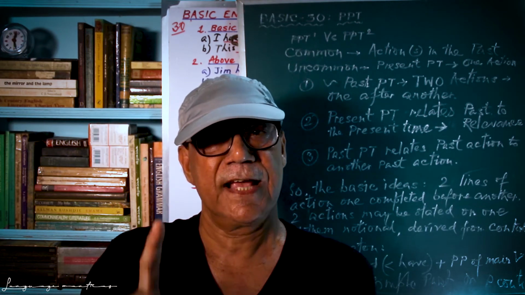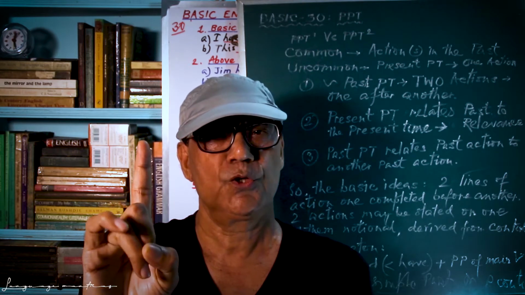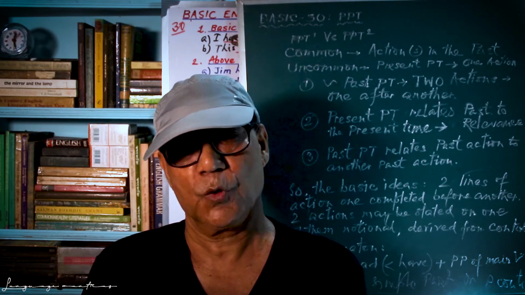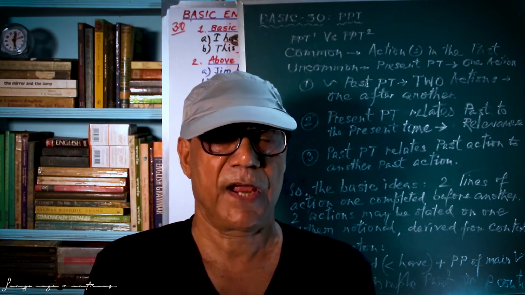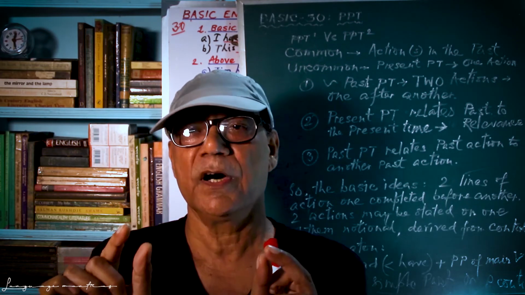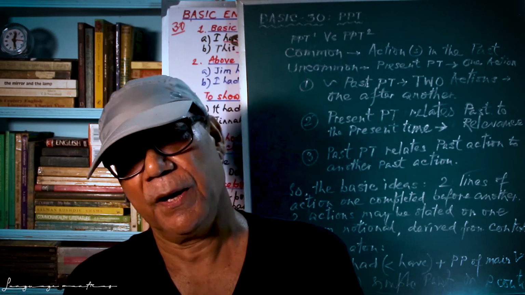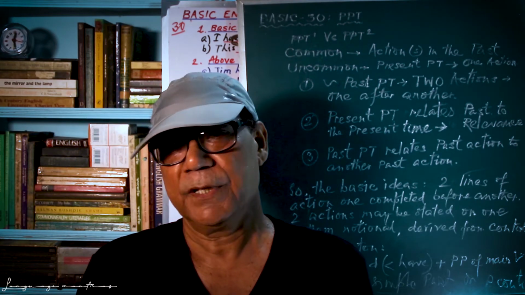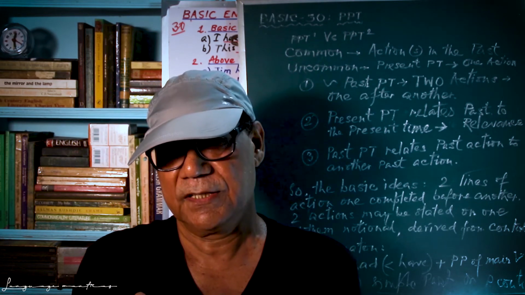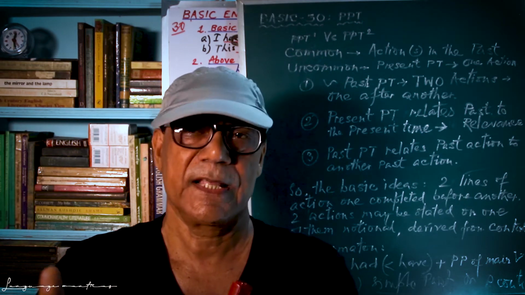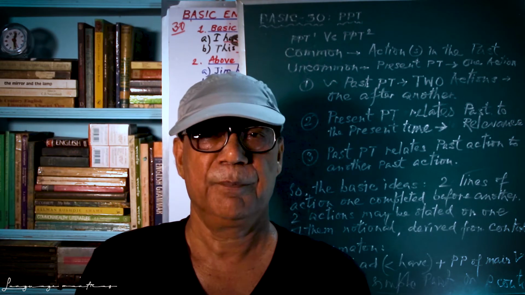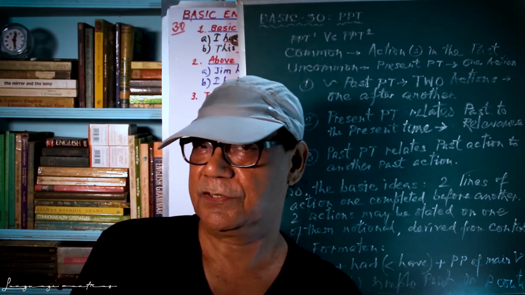Present perfect tense has one line of action. That means one verb is operating. Whereas, in the past perfect tense, there are two lines of actions. That means two verbs are operating in the past tense. But not simultaneously. Action of one verb completes, then action of another verb begins in the past perfect tense.